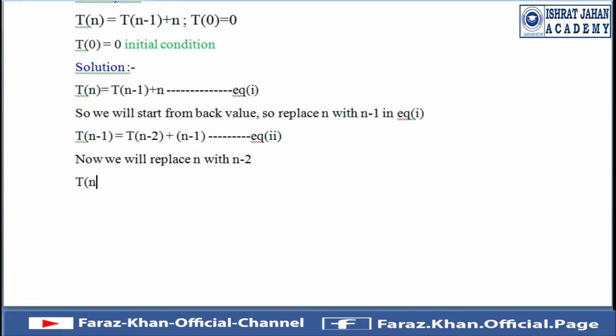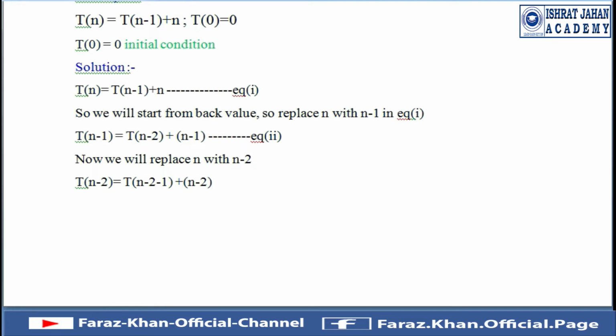T of n minus 2 is equal to T of n minus 2 minus 1 plus n minus 2, considering this equation, right? N minus 2 minus 1 is the formula, plus n, we have replaced n with n minus 2.